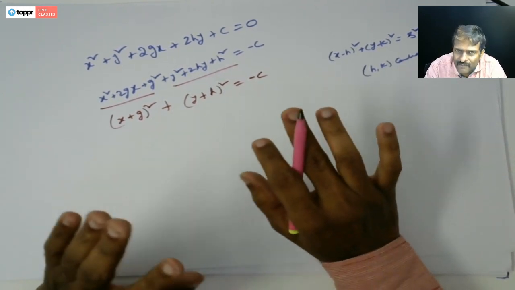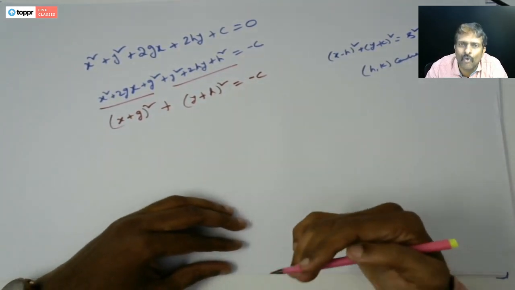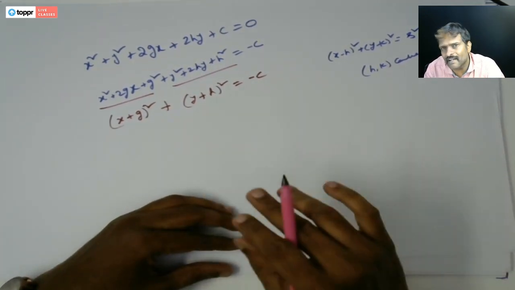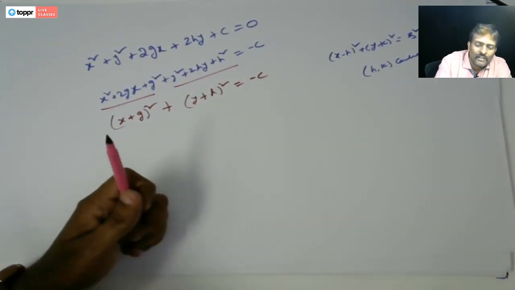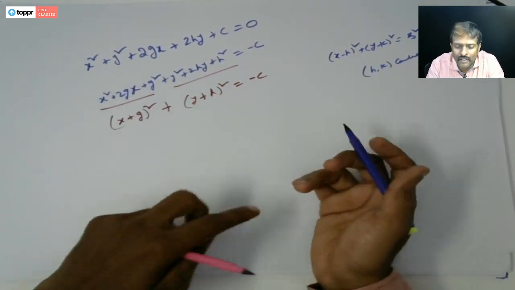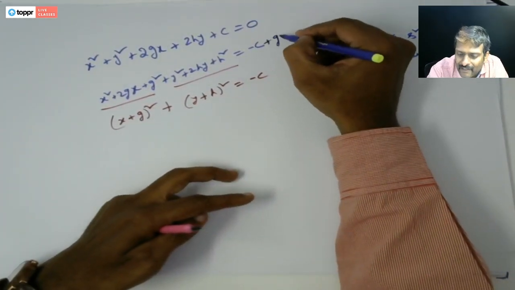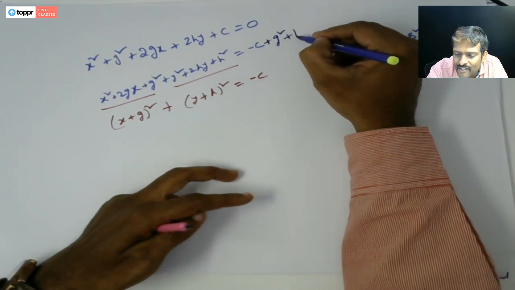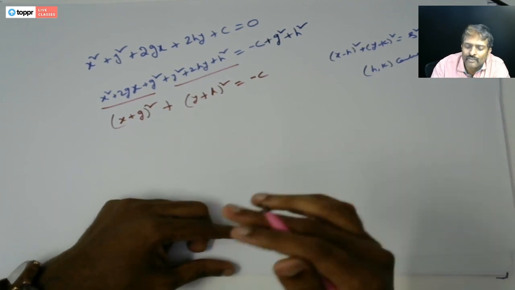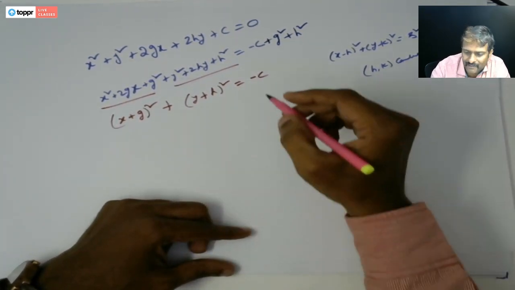So will this equation still hold true if I simply add the terms whatever I like on left hand side, or maybe say right hand side? No. So what we have to do to balance the equation, to make the equation still hold good, you have to add the g square and h square on the right hand side as well, right? So you have to add it on the right hand side.